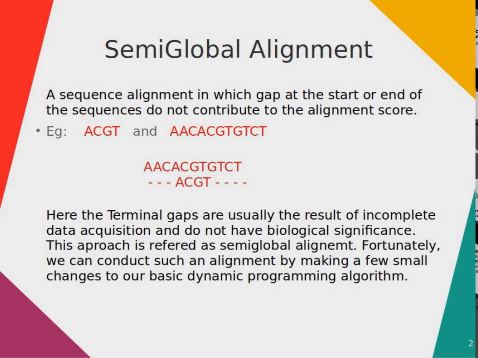The gap penalty is assessed regardless of whether gaps are located internally within a sequence or at the end of one or both sequences. This is not always the most desirable way to align two sequences.